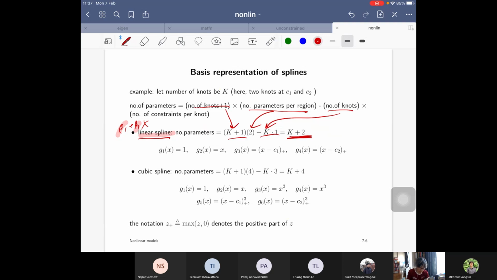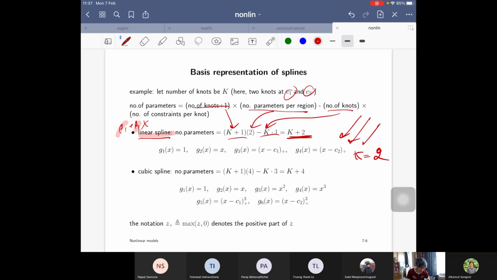And this is a way to represent the basis functions that represent linear splines. Here I illustrate with k equals 2, with knots C1 and C2.